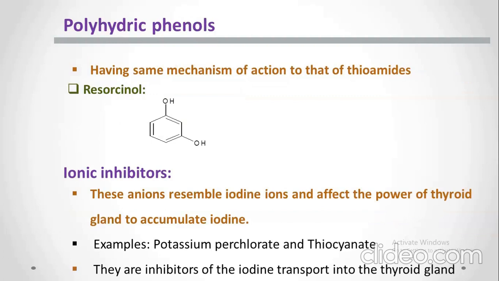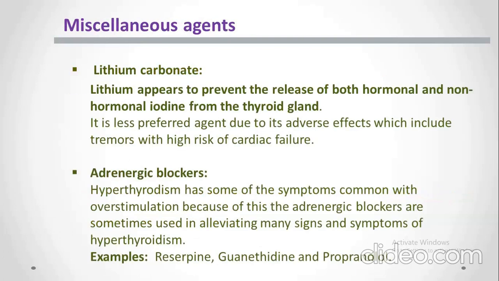Next one is the polyhydric phenols, which have the same mechanism of action as thioamides. An example is resorcinol. Then ionic inhibitors. These anions resemble iodine ions and affect the power of the thyroid gland to accumulate iodine. Examples are potassium perchlorate and thiocyanate. They are inhibitors of the iodine transporter into the thyroid gland.